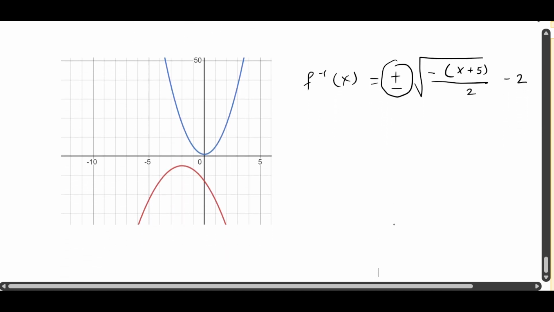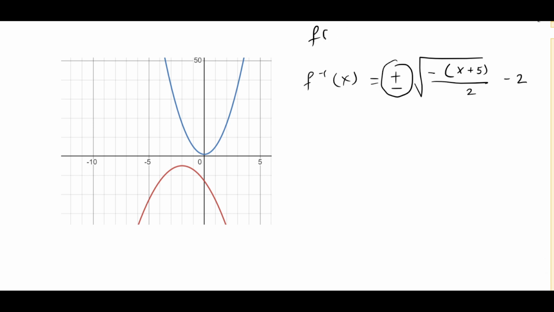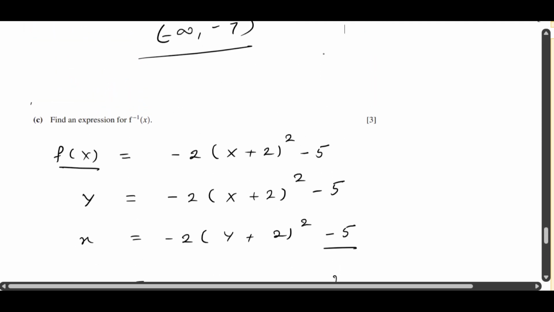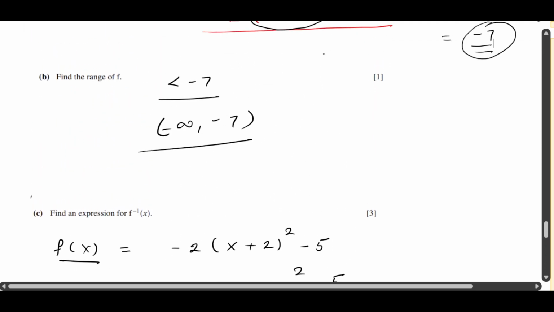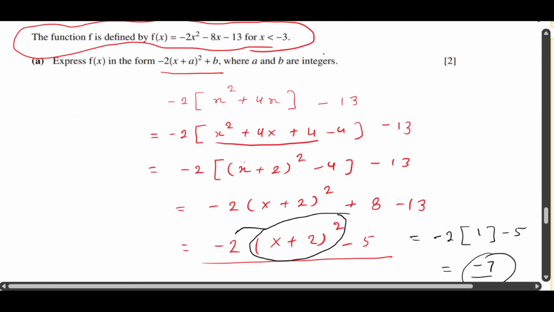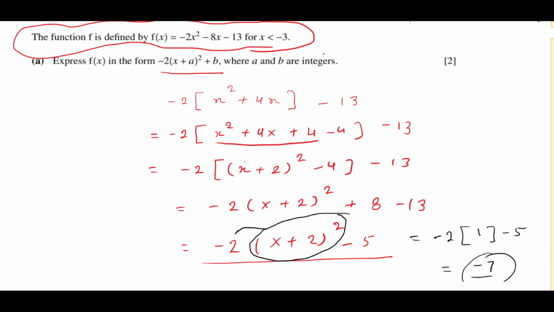right? Okay, so first of all, our function f(x) is defined, but there is a problem. For f(x), we are getting two different curves, that means f(x) has two different values for the same value of x. f(x) is minus 2x square minus 8x minus 13.